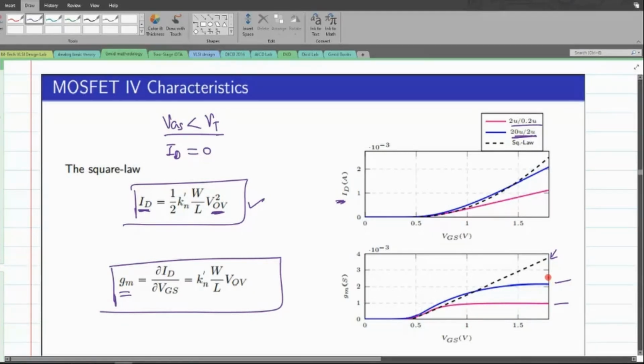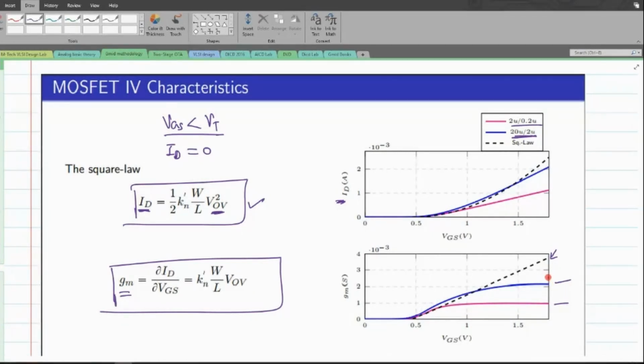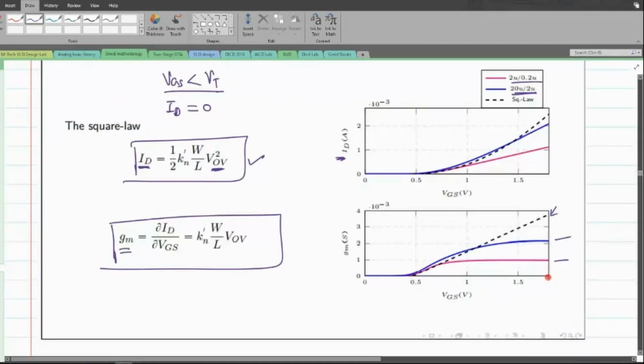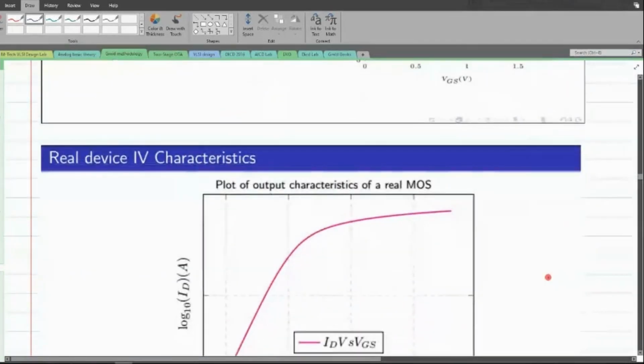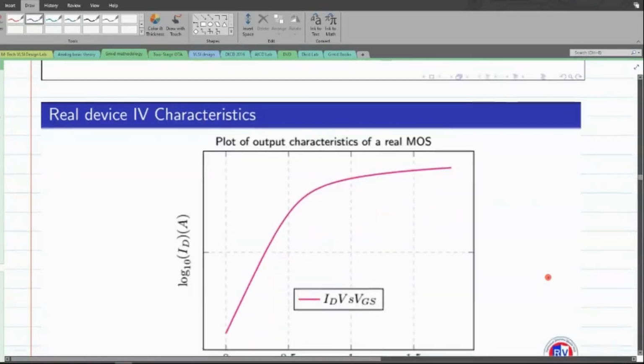Now, why does there exist a significant deviation? That is the question that would be creeping in right now. To answer it, we have to look at some of the second order effects which cause this significant deviation from what is predicted by the square law.